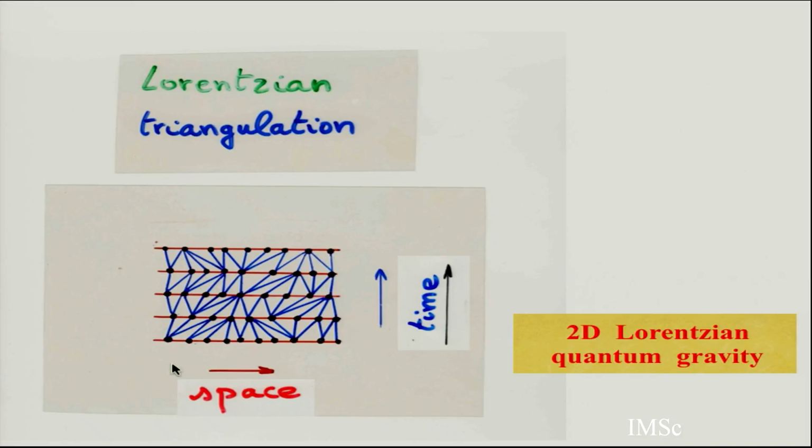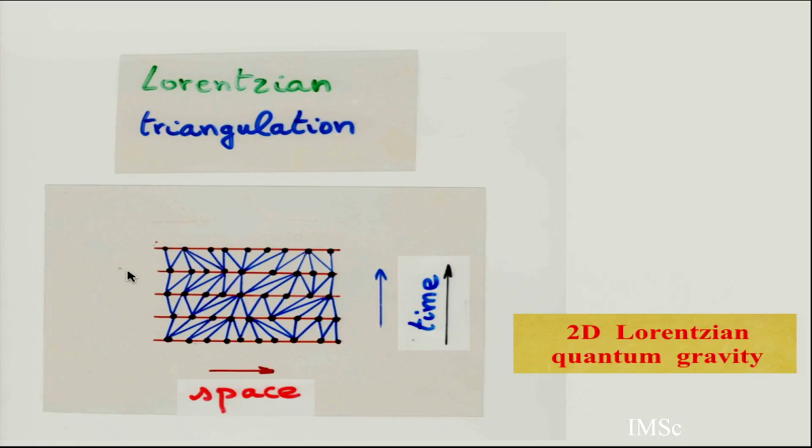This is the definition of a Lorentzian triangulation. From one strip to another, the triangles are joined here by an edge, and here they just touch at a point. Will the number of points on each time slice be the same?